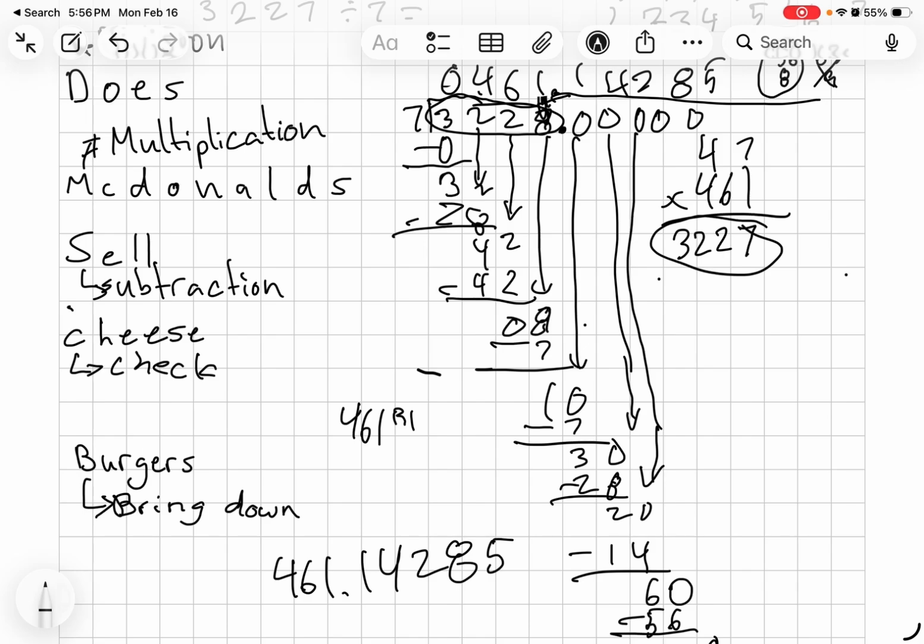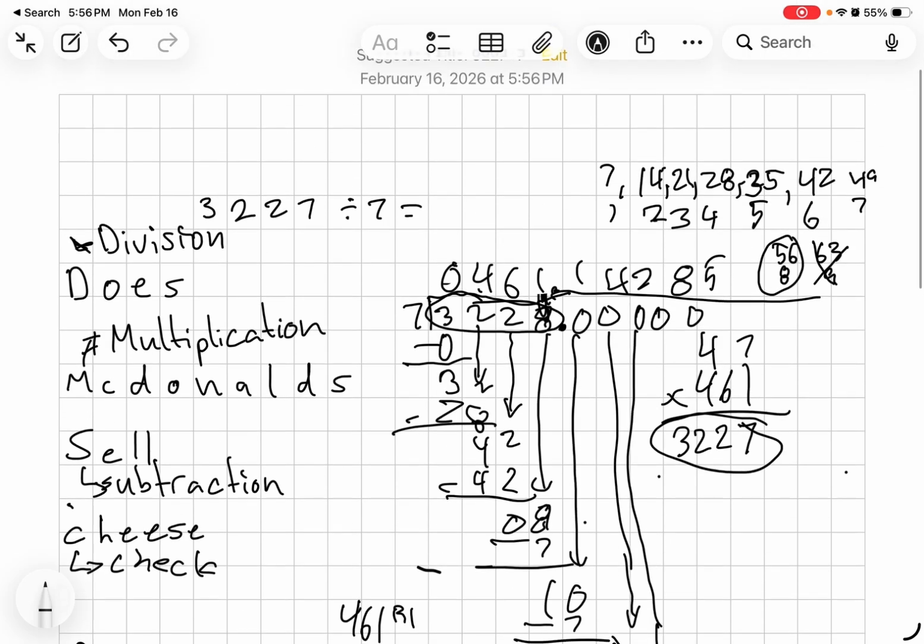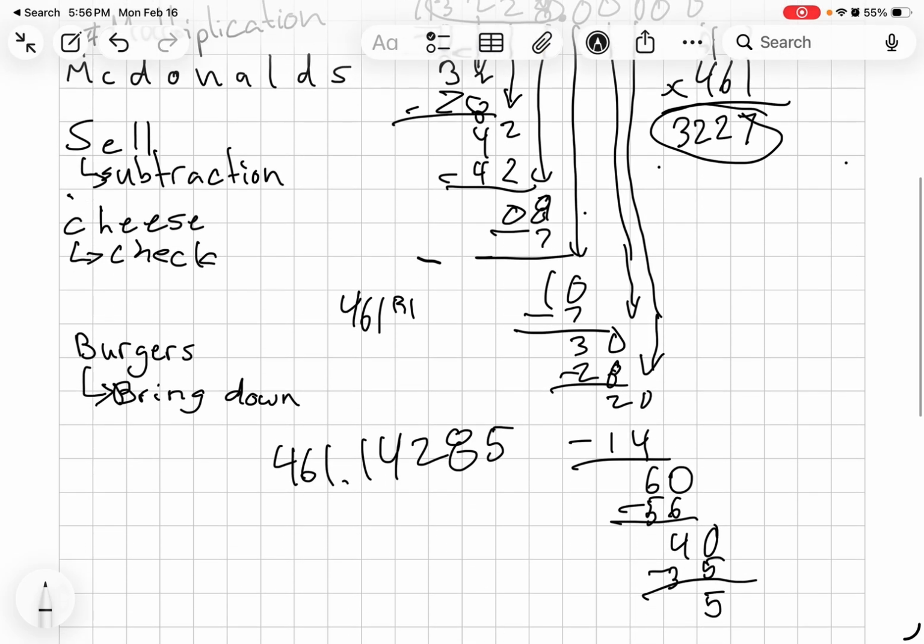Okay, remember that. So if you were to write this, it would be 3,228 divided by 7, and then we do this approximate sign, 461. Now, if you want, you can check it with a calculator. It will be something like this answer.